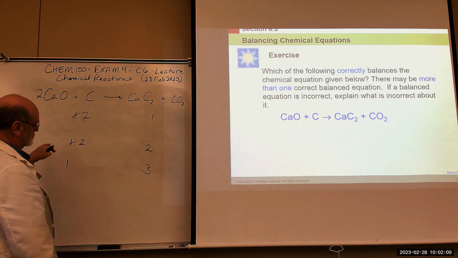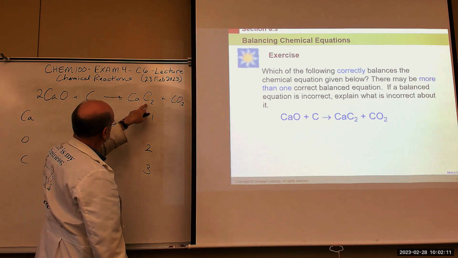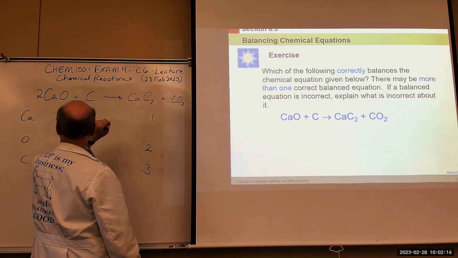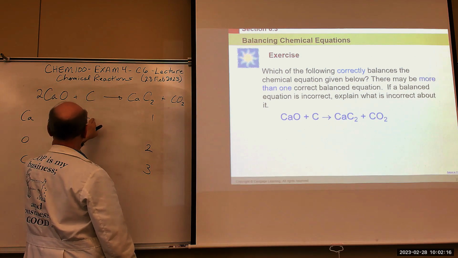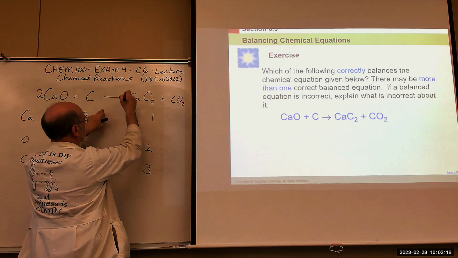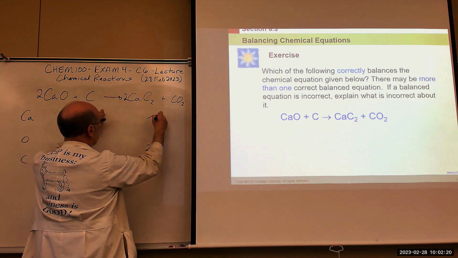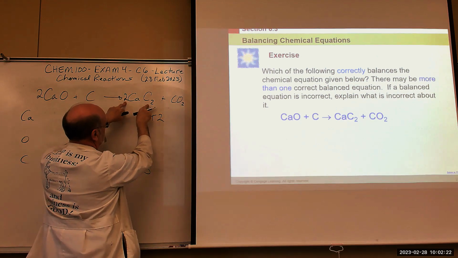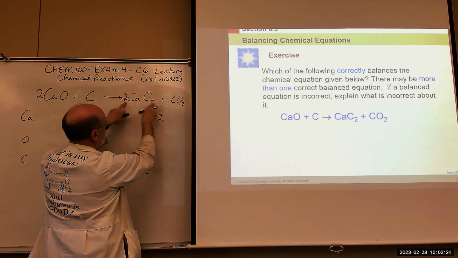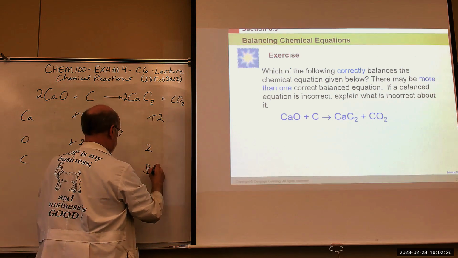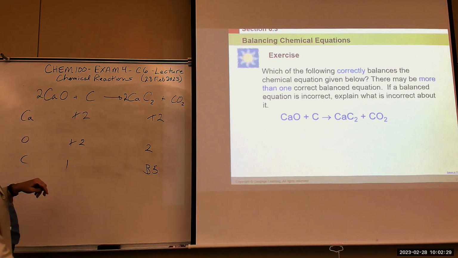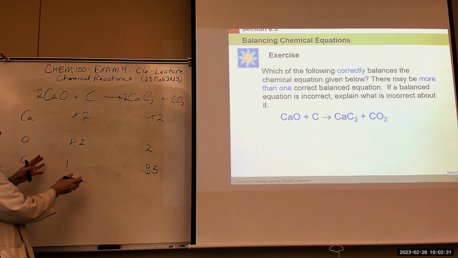Okay. Now we got to balance the carbons. Excuse me, calcium. We need two calcium here. So that gives us two calcium. And then we have 4 plus 1 is 5 carbons. Okay. So now we're going to use the fraction trick.